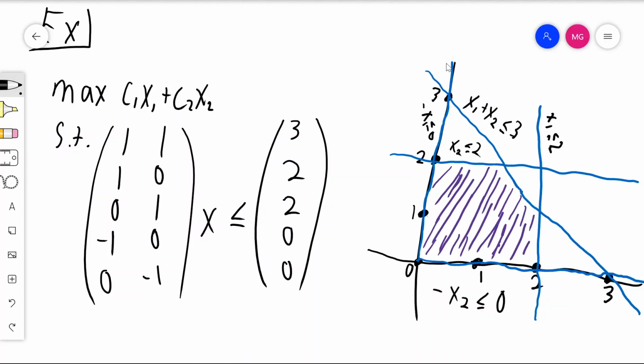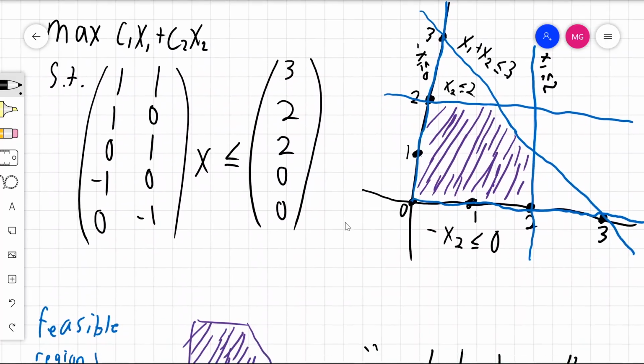That would correspond to this vertical line here, and then we're to the right of that. But anyways, we're always just on one side of the lines here. And so the rows of the matrix correspond to lines, and then the solutions live on one side of those lines.